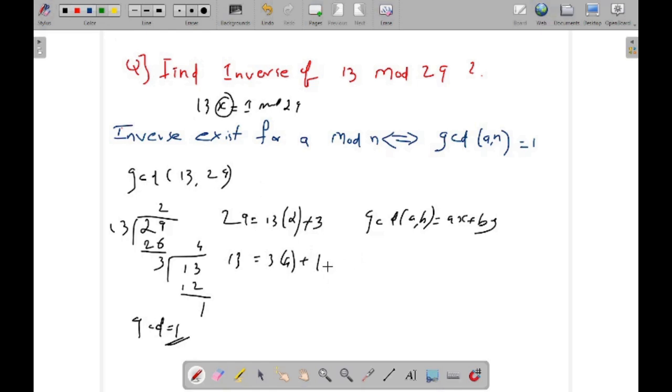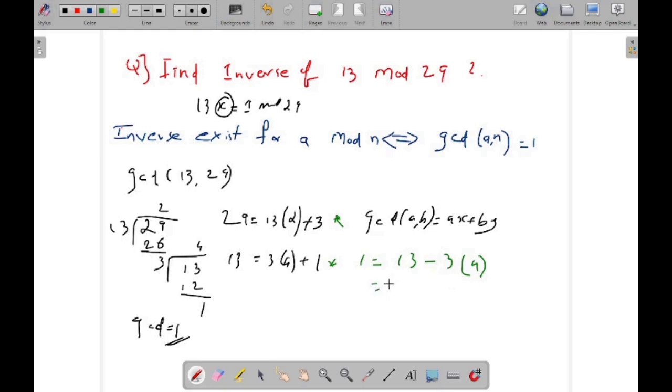We can write from this equation 1 equal to 13 minus 3 into 4, and from this equation we can write 3 equal to 29 minus 13 into 2. Okay, so we will be replacing this 3.